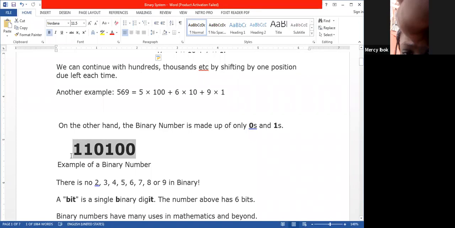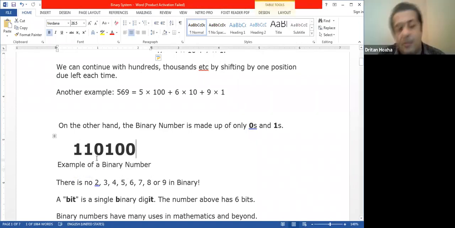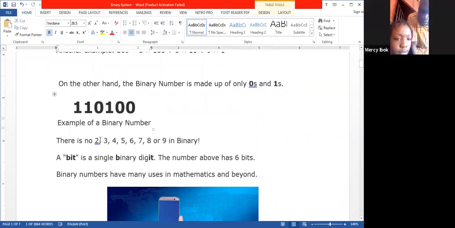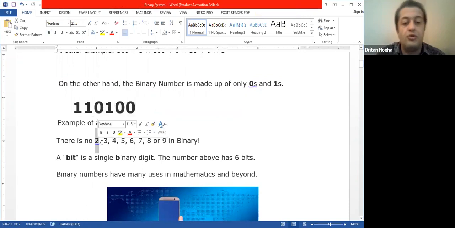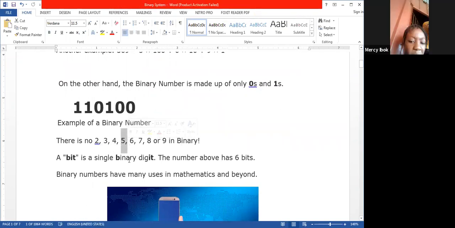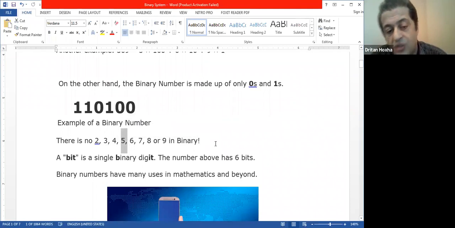So this is an example of a binary number. In this binary system, there are no 2s, 3s, 4s, 5s, etc. There are only zeros and ones, only 2 digits.